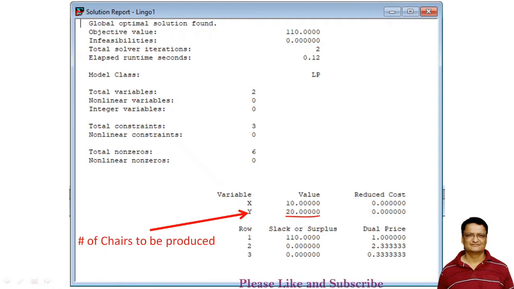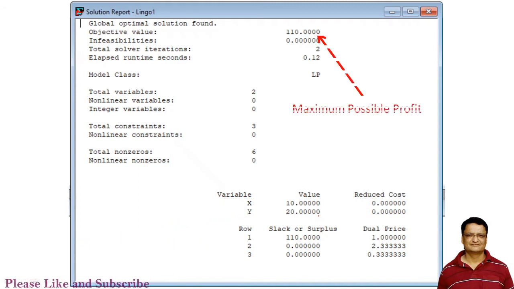So this is the solution we have got for this LPP. If you produce 10 tables and 20 chairs, you will get a profit of $110, which is the maximum possible profit and the optimum solution. So these are the three main interpretations from this solution report.